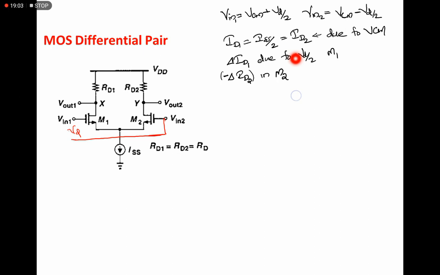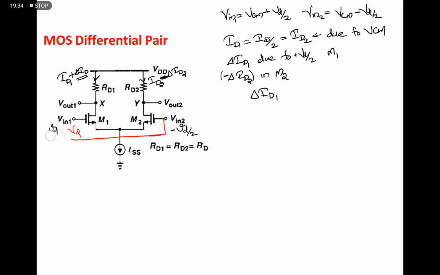Using the concept of transconductance, we can write this delta ID1. So here the current is ID1 plus delta ID1. This delta ID is due to the differential signal. Here it is ID2 plus delta ID2. Here it is minus instead of plus, because we are assuming a negative supply here, minus VD by 2 differential signaling.